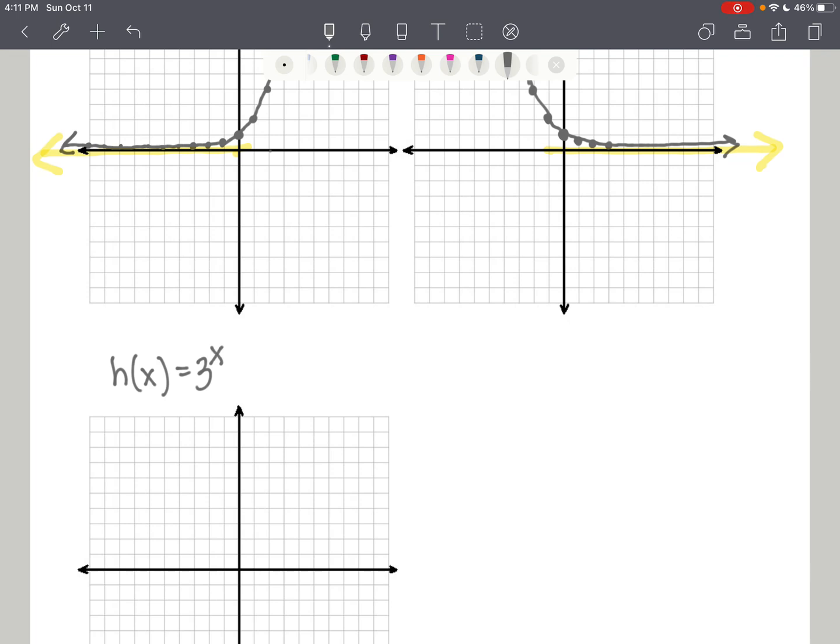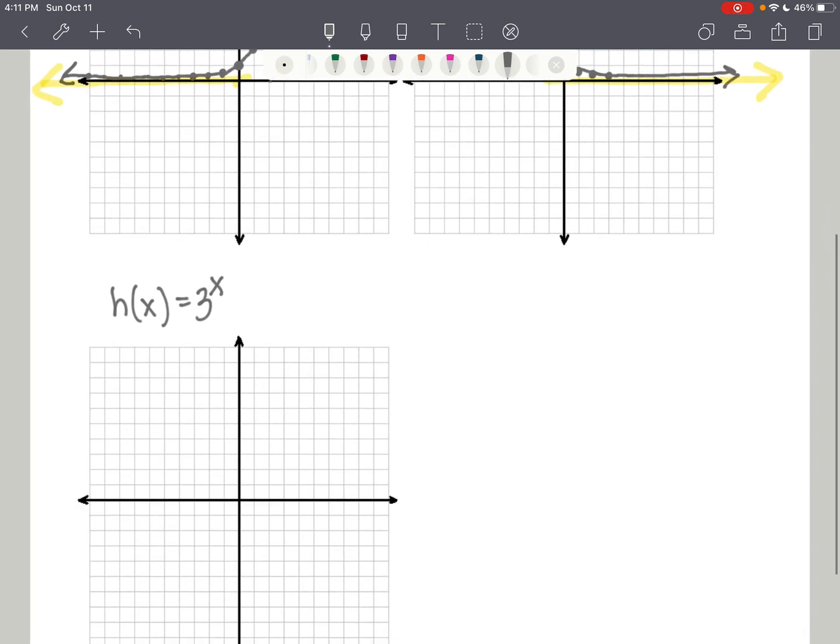here's h of x equals 3 to the x. Let's see if you can come up with this graph right here. Okay, when I put a negative 2 in, I get a 1/9. When I put negative 1 in, I get 1/3. When I put a 0 in, I get a 1.